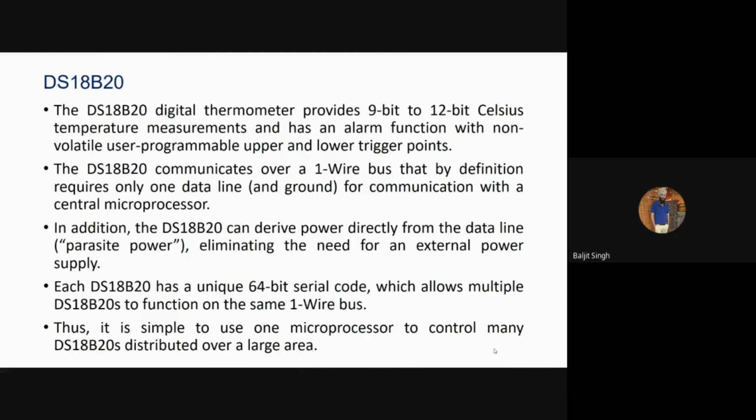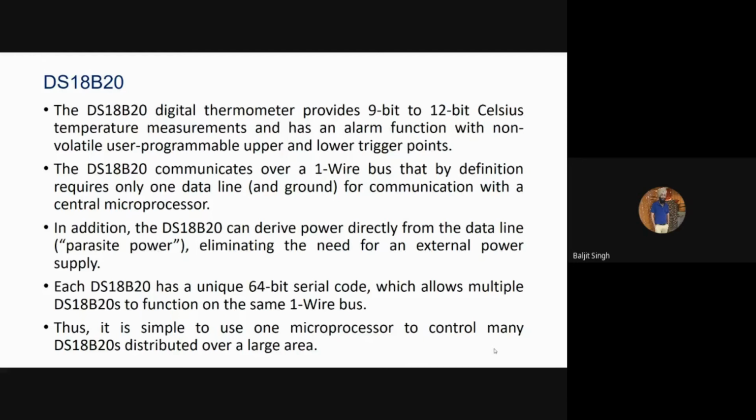You have to connect the common ground for all the sensors together, and the data line for all the sensors together on a single data line. Then there will be a unique 64-bit serial code for each and every sensor.